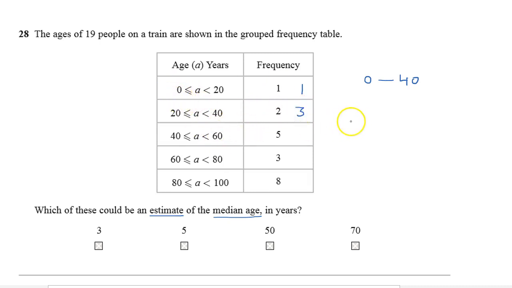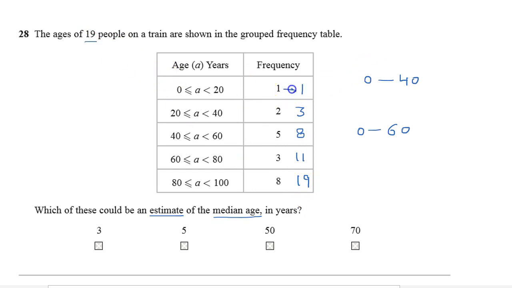Now 0 to 60, we add all this, 8. 0 to 80, 11, and 0 to 100, 19. Total there are 19 people, so 0 to 100, 19.